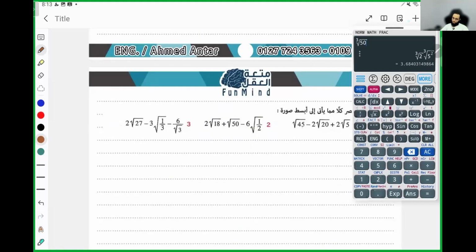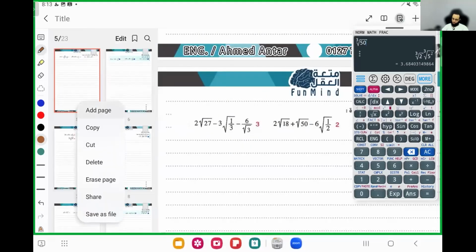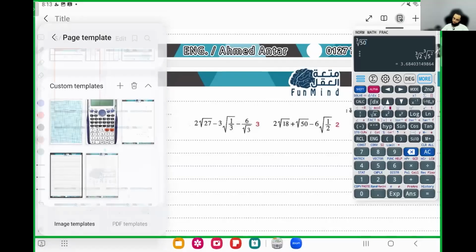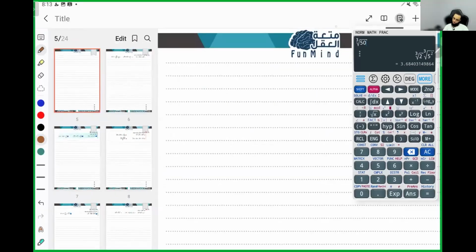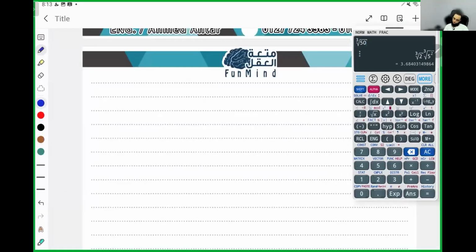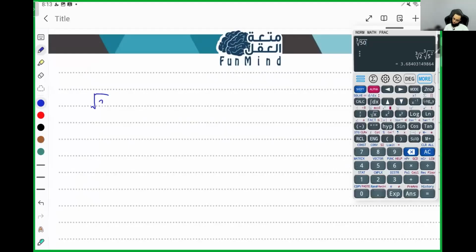Mu'taz, before going to the next question, tell me, if we have a question like root 2 times root 3, I told you that you can do it as only one root and 2 times 3 inside the root, which is root 6, correct?